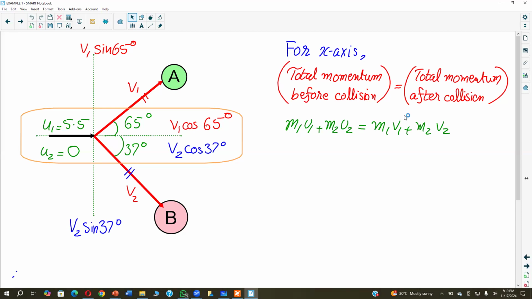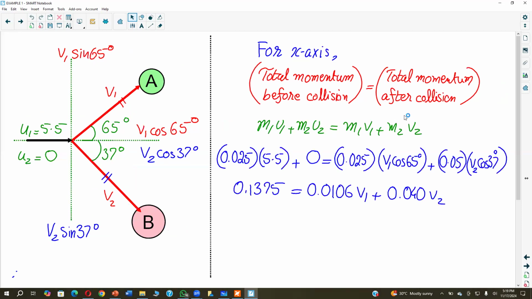Acha, now you have to carefully insert the values. 0.025, 60, 0.010.